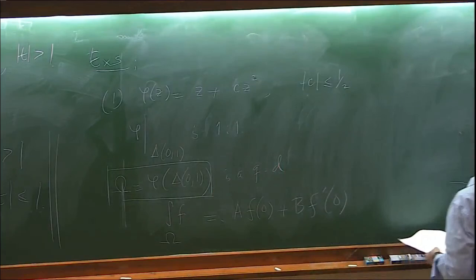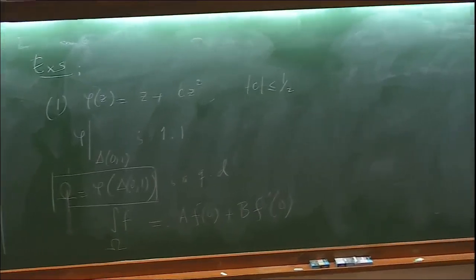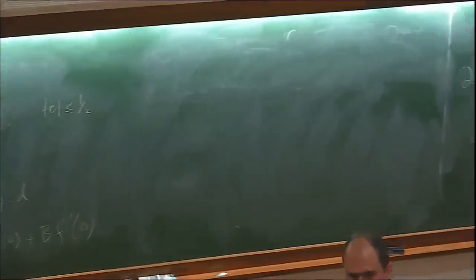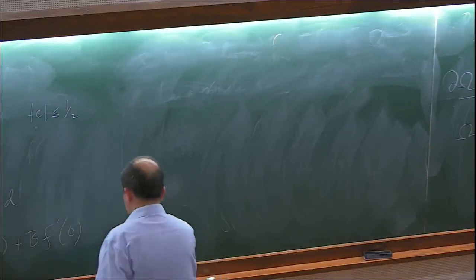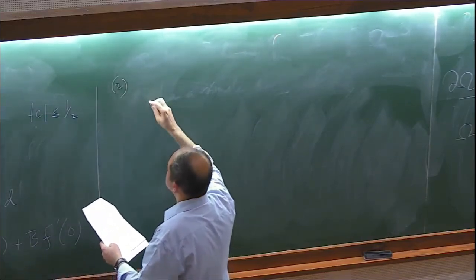So the thing is, you work on a sufficiently small disk which does not contain any of the poles, and you take its image with the understanding that phi is injective there. You play this game once again.